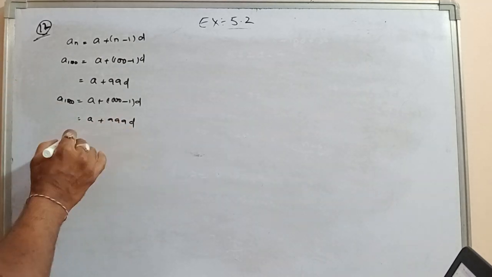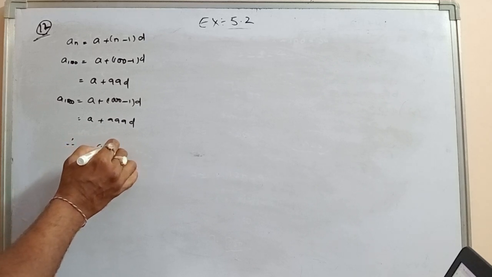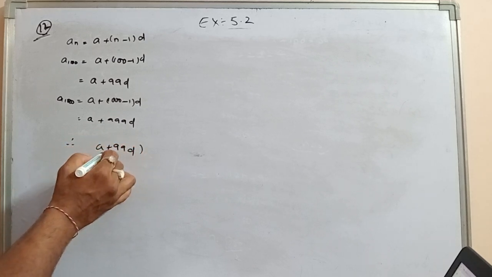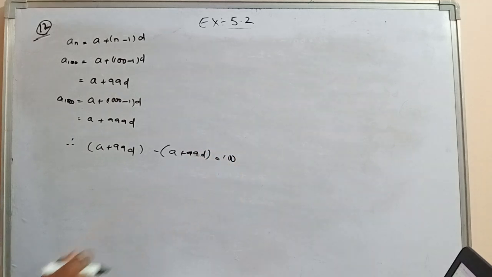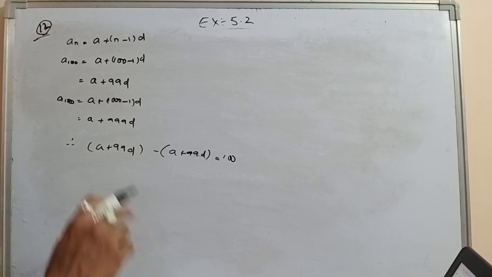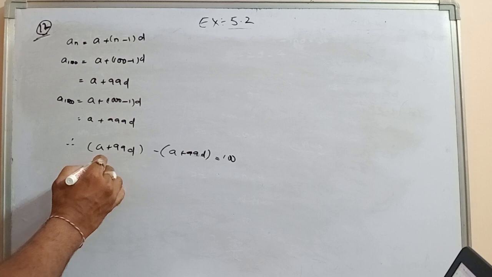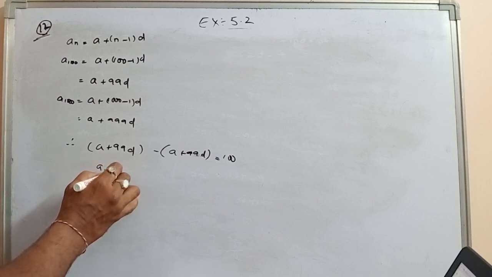Therefore A plus 99D minus A plus 99D is equal to 100, right? Given the 100th terms of the arithmetic progressions, the difference is 100. So therefore A1 minus A2 is equal to 100.